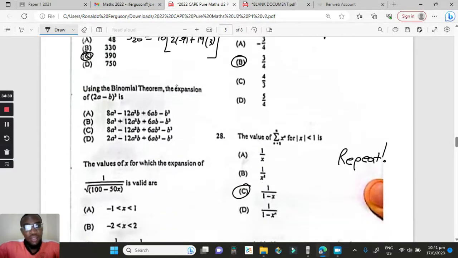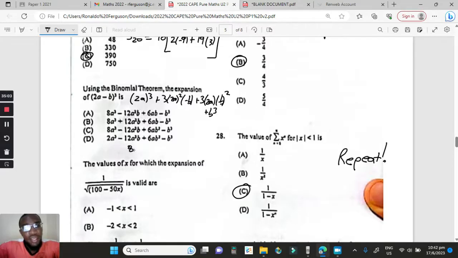This one now they want us to expand using binomial. It's first term cubed, so 2a all cubed, then plus 3 times 2a squared times minus b, plus 3 times 2a times minus b squared, plus minus b cubed.